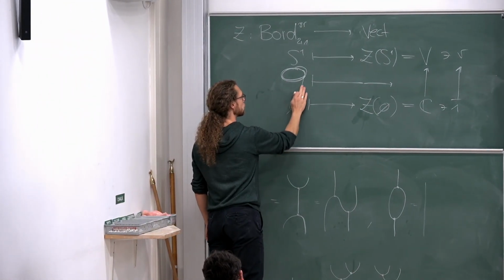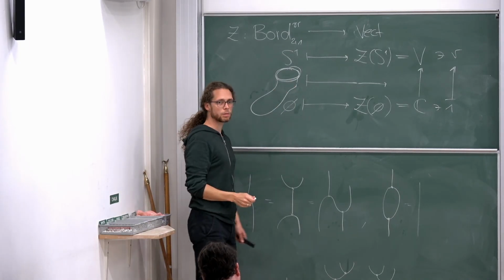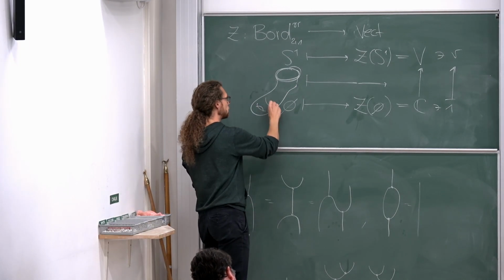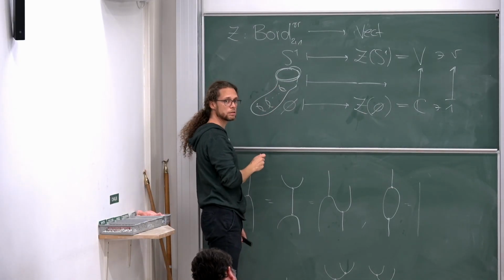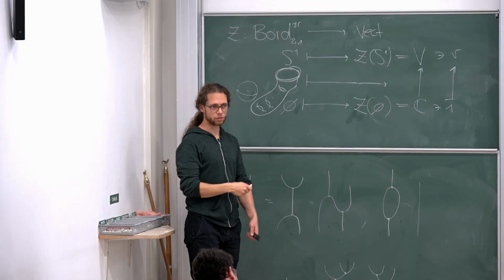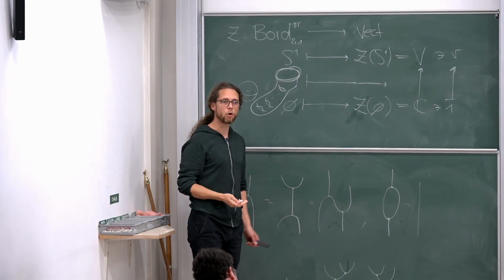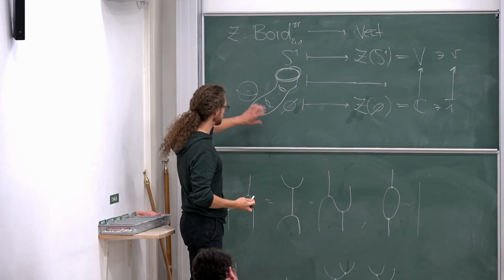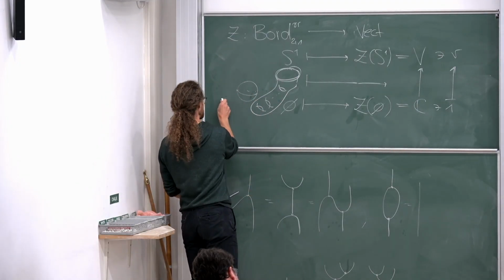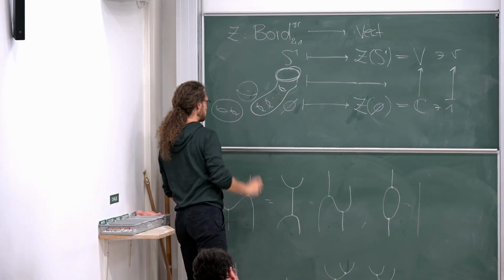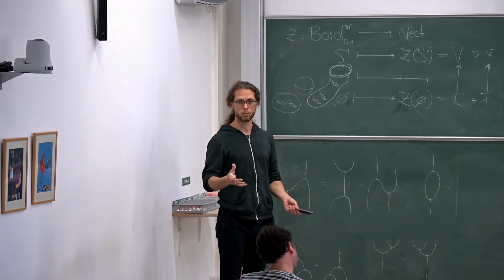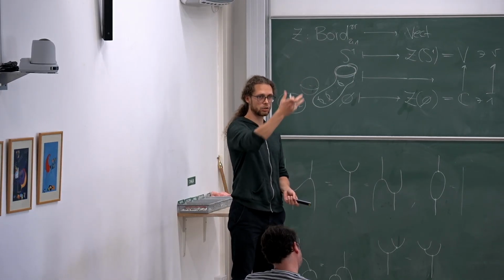But you can also take a cup like that, but maybe the cup has a handle, or 2 handles, or any number of handles, or maybe it's a cup with a little sphere floating around in the background, or a few more of those. So you take as many handles as you like, and all kinds of closed surfaces with handles. These are all the morphisms from the empty set to the circle.